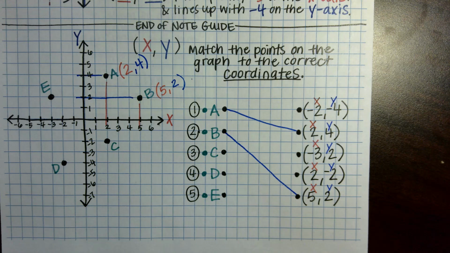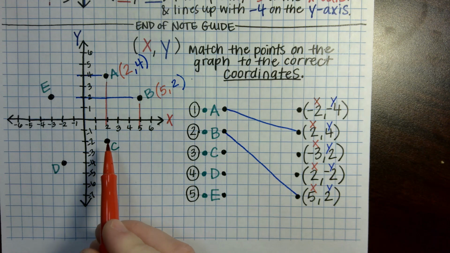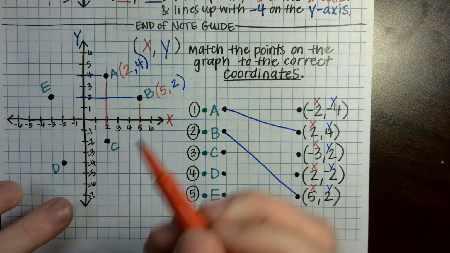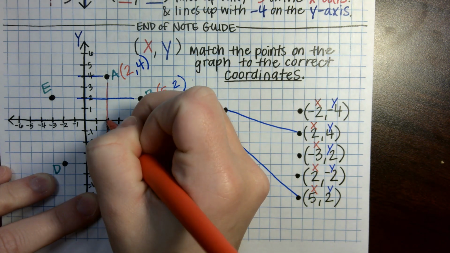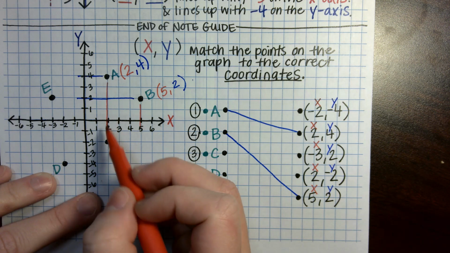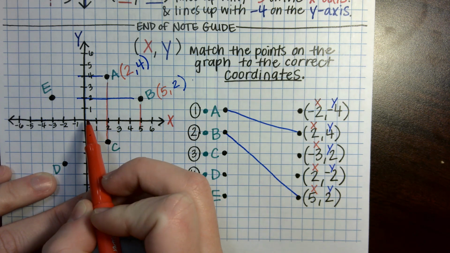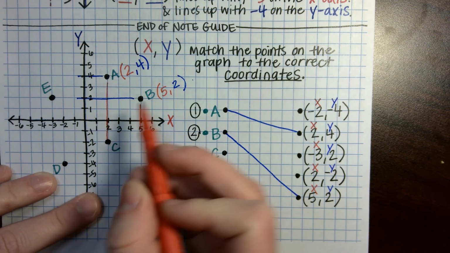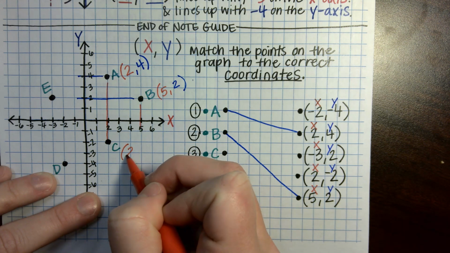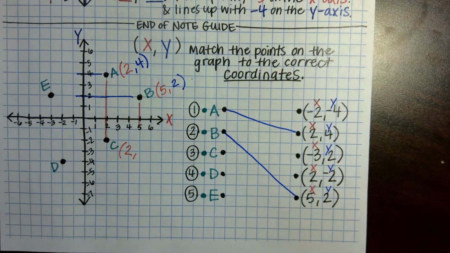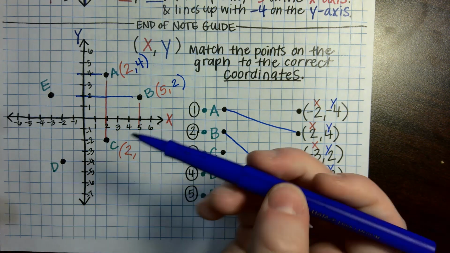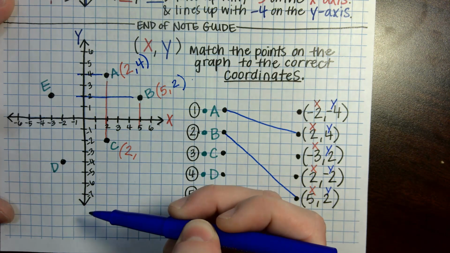Oh, it's all right. Okay, let's look at point C. Point C is right here. Yes, perfect, Lisa. It lines up with positive 2 on the x-axis because we're going over 1, 2. So, positive 2. And where does it line up on the y-axis?